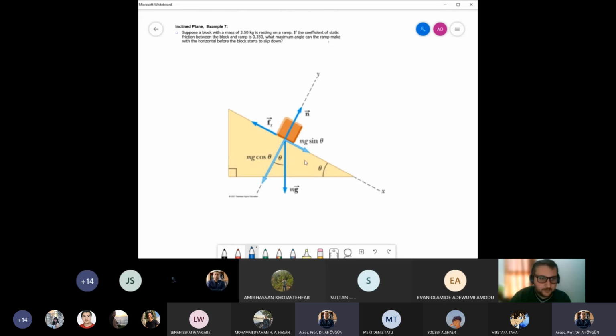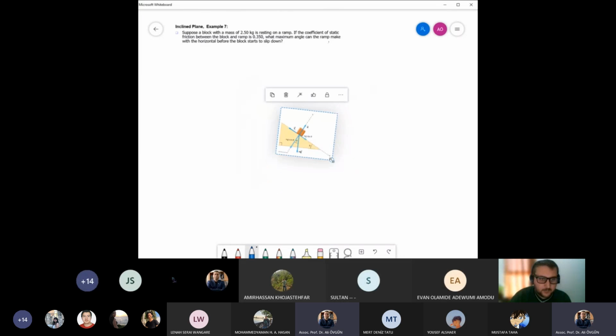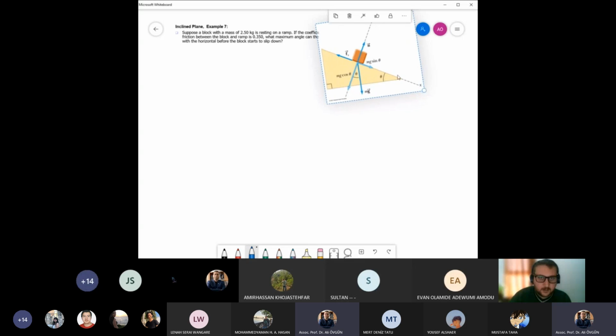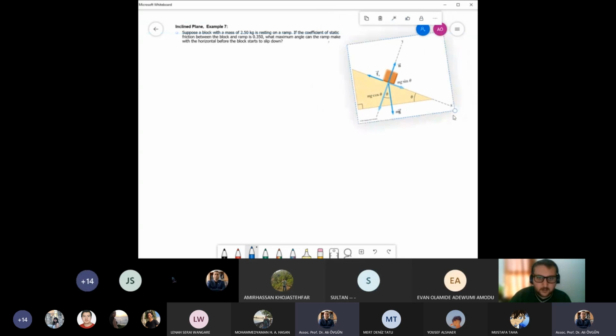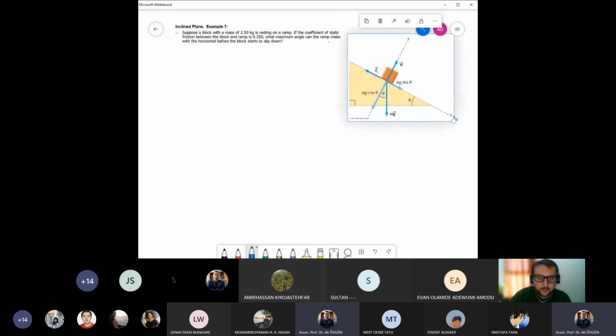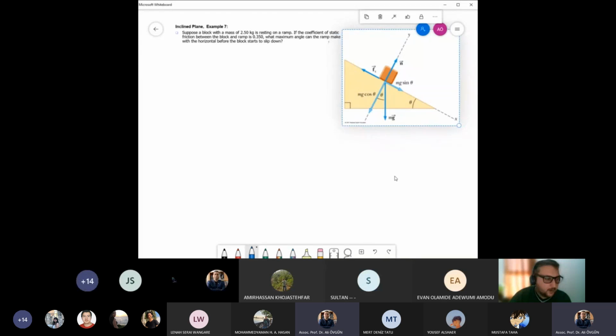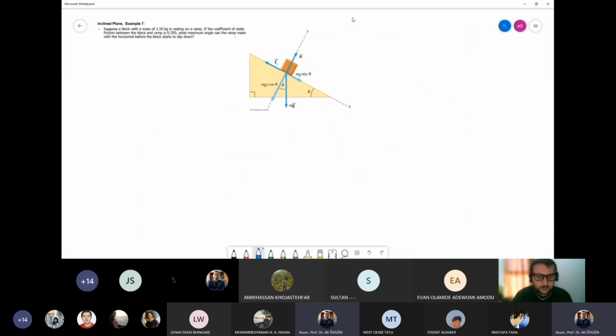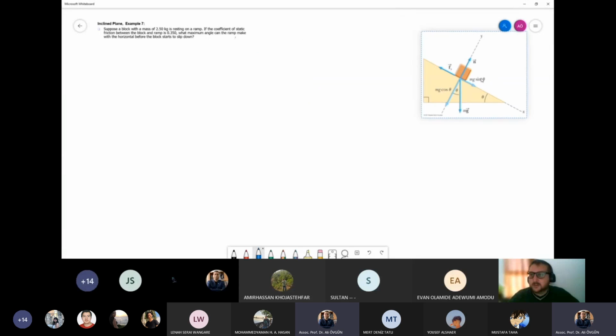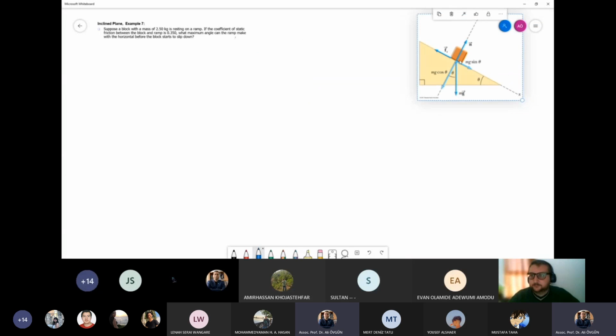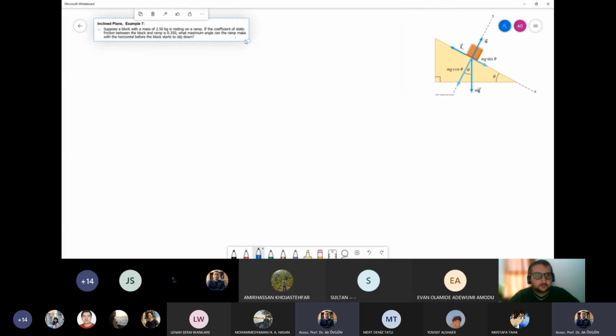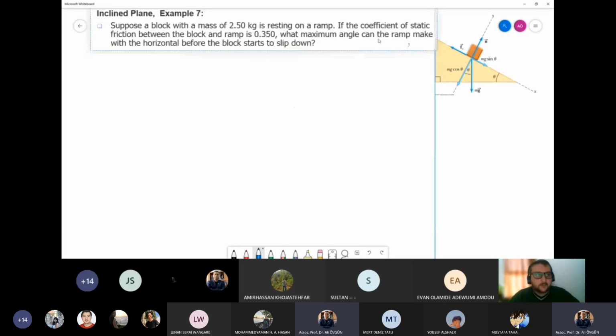Take the figure and put it here. Okay, now let's look at the example and try to solve it. So how can you solve this example?